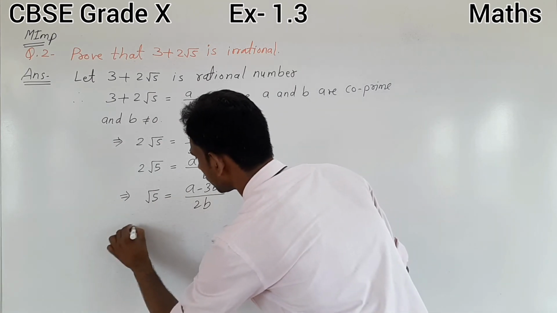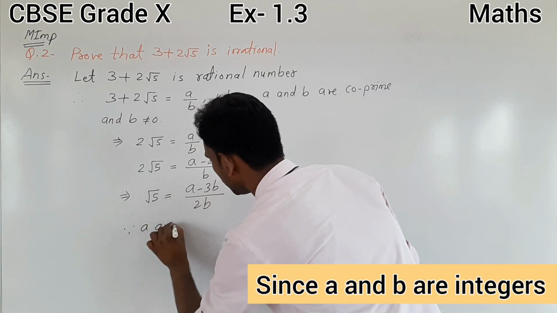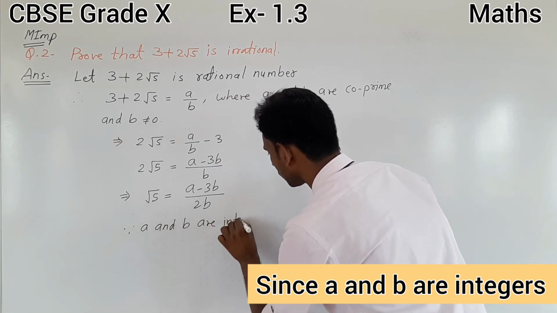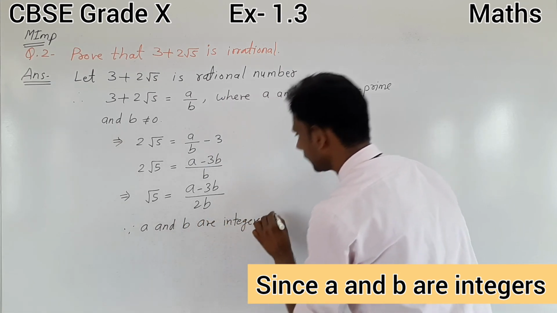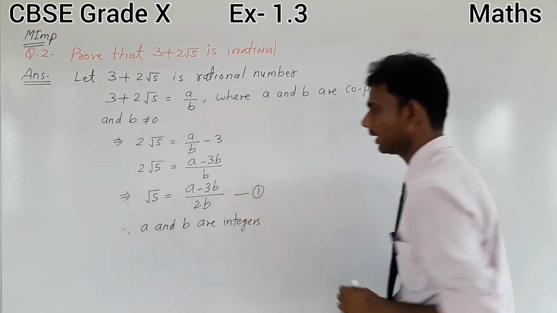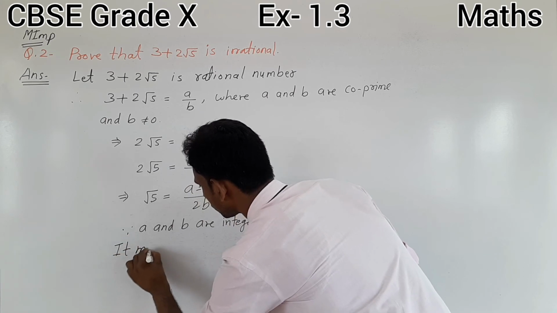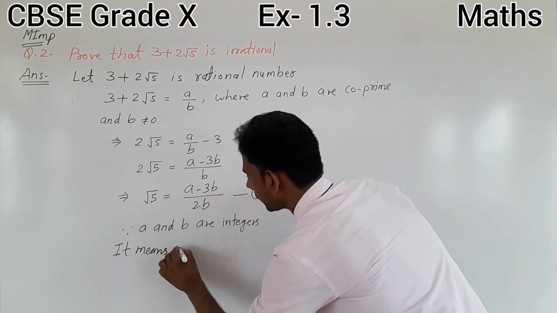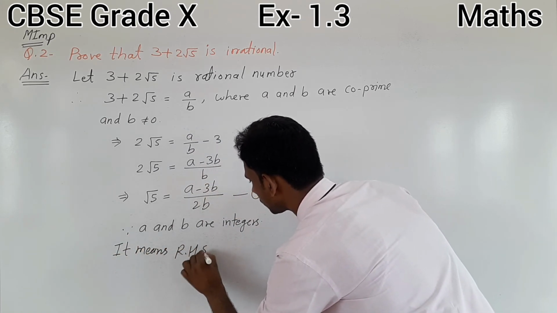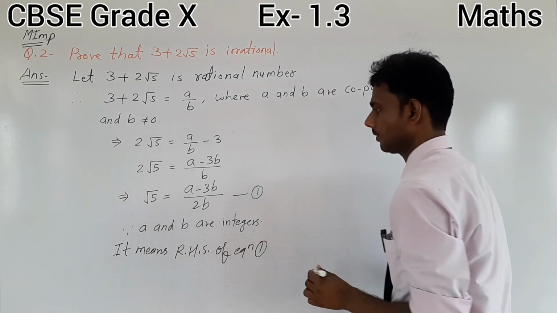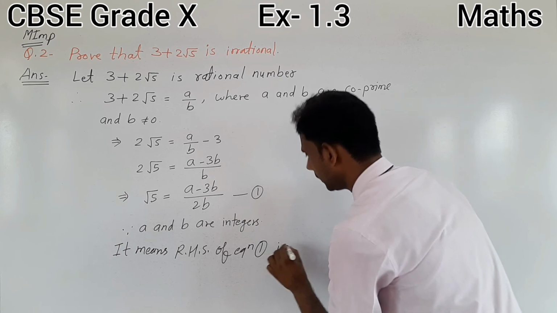Since a and b are integers, this is equation number 1. It means the right hand side of equation 1 is rational.